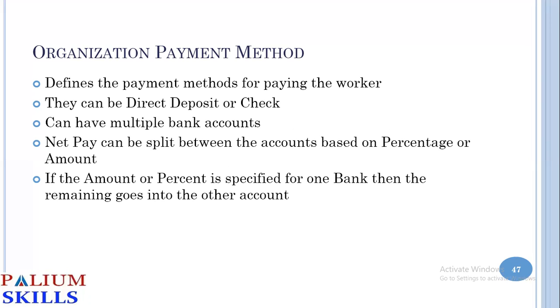So this is the organization's payment details, bank details, which bank account and where to put and stuff like that. Or for the individual, they can have multiple accounts. We have seen that, right? They can put it into different accounts, different amounts, different percentages as per their choice.